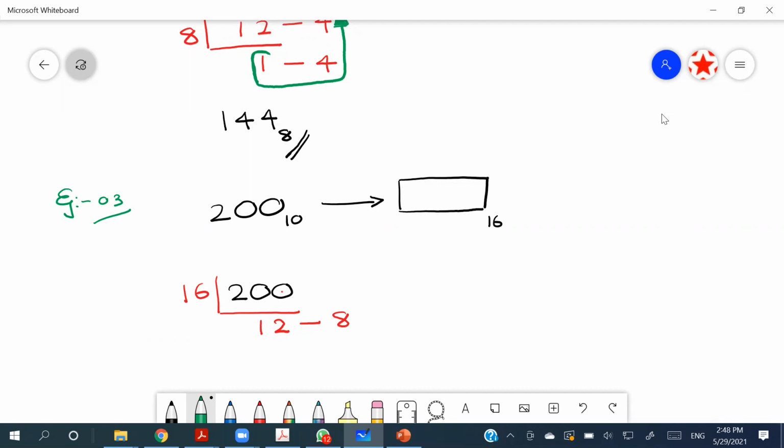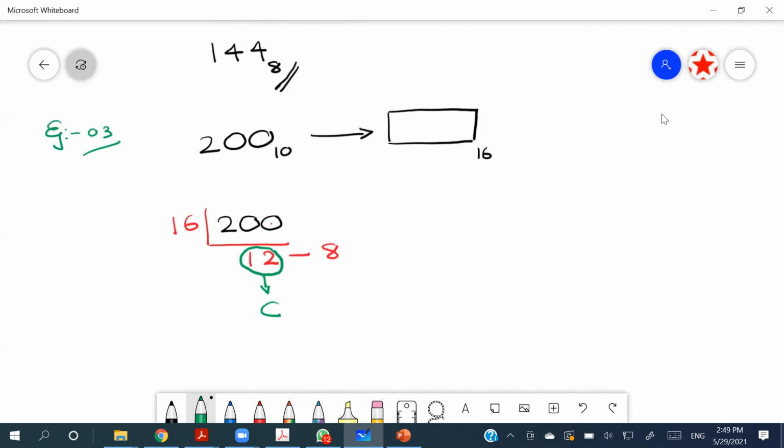Instead of that, we write capital A. So we got 12. 12 means what? This is C. So we are going to start from here and write it upwards.